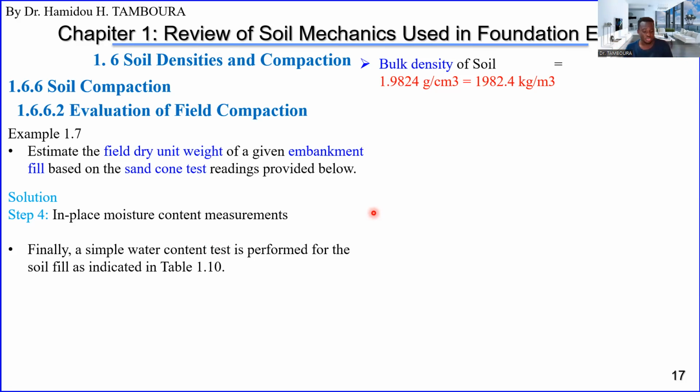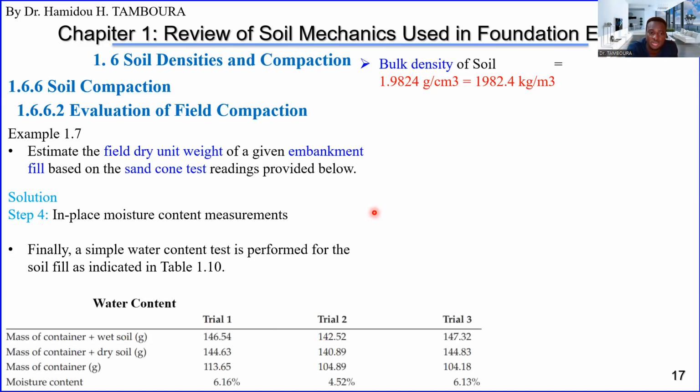But sometimes some people do several samples. You dry several samples and try to measure. For example, here we have 3 trials, 1, 2, 3. From the same soil, you take just small samples from the soil collected from the hole.